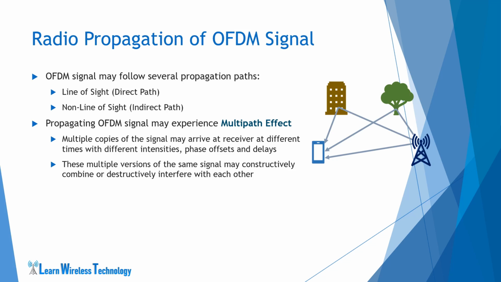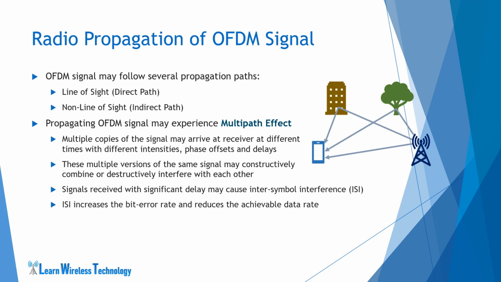When the signal is received with a significant delay, and if the delay spread is greater than the symbol time, then it gets difficult to extract the original information, which causes intersymbol interference or ISI. So ISI is a poor effect of the LTE system caused by multipath fading, which affects LTE performance by increasing bit error rate and reducing the achievable data rate.